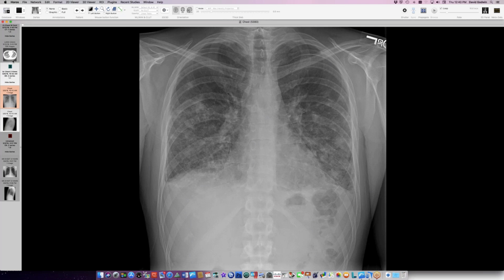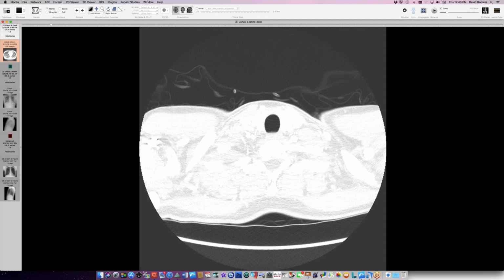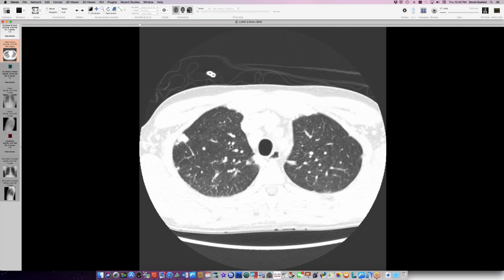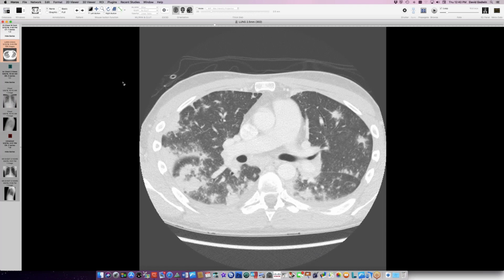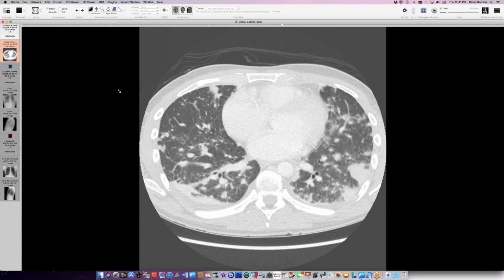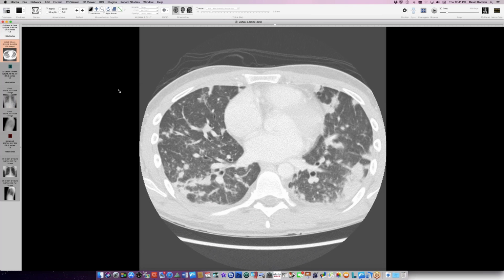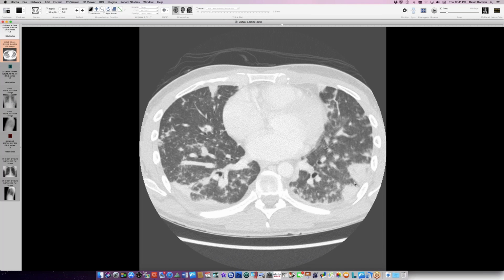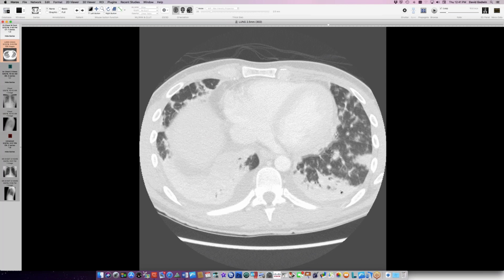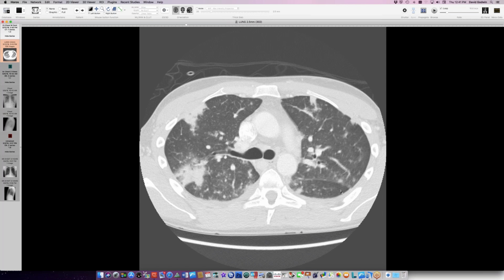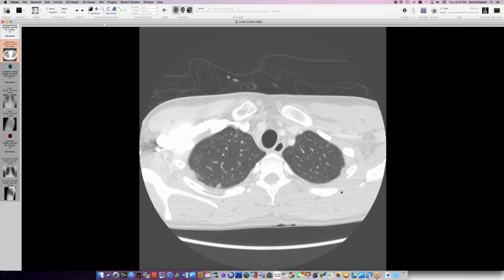Lung volume has decreased, and this is what his CT scan looks like. He's got a lot of patchy consolidation, and quite a bit of this stuff is trying to be peripheral, so it's way out here against the edges. It seems to be basal predominant, but there are big components in the upper lungs as well.